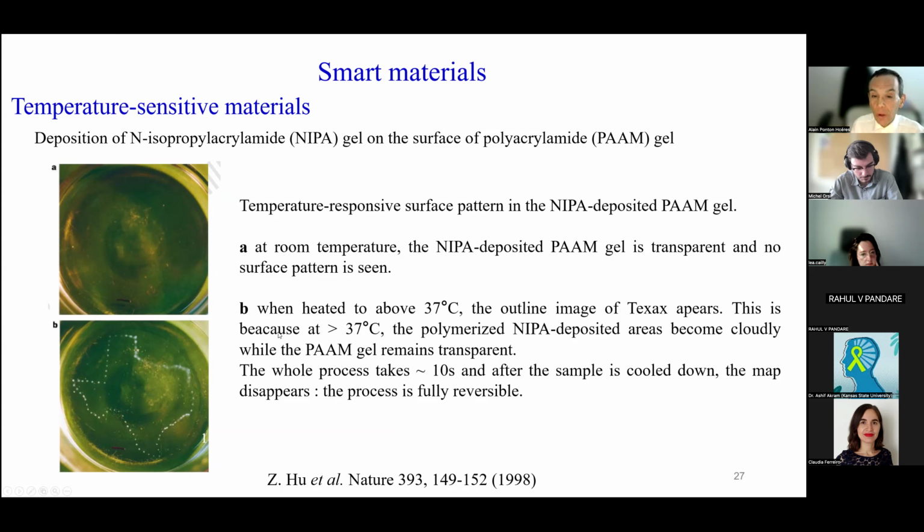And when you increase the temperature, you can see here the formation of the Texas appear. You can induce the formation of some colloidal structure. And it is totally reversible.